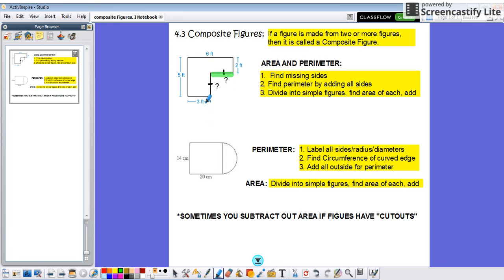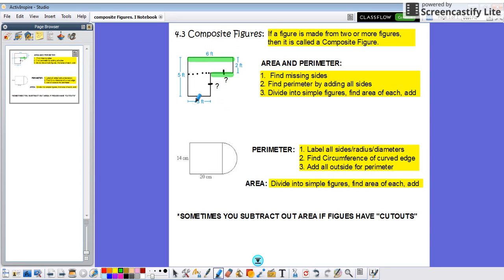Now what's interesting is, if you took this shape and divided it, you can see I have a skinny rectangle here and then a shape that could be a square here. I know that this full side across the top is 6 feet.